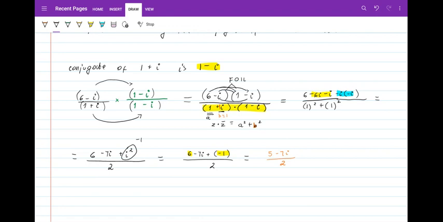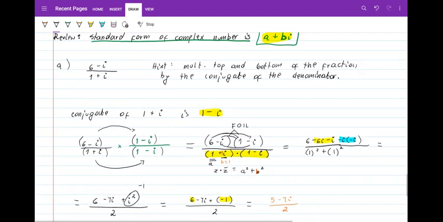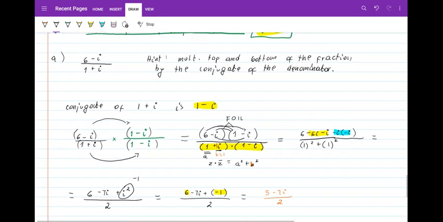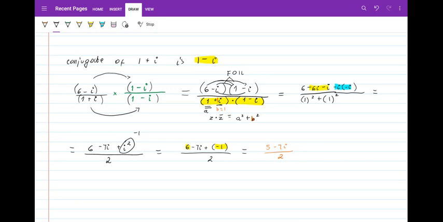Now going back to this problem, they want us to leave the answer in standard form, which is a plus bi, not a fraction. So now we're just going to split the fraction. So this is the same as 5 divided by 2 minus 7 divided by 2 i. And this is standard form.